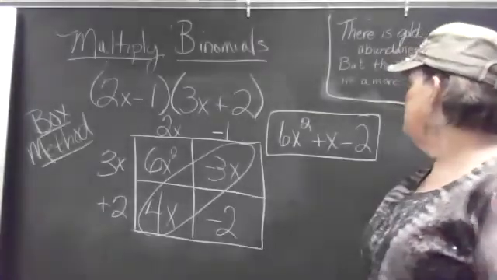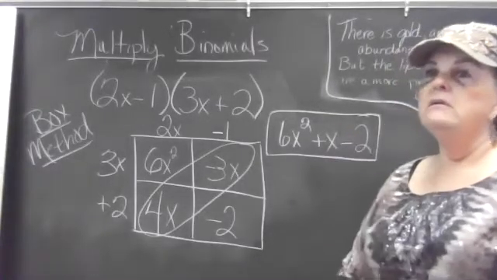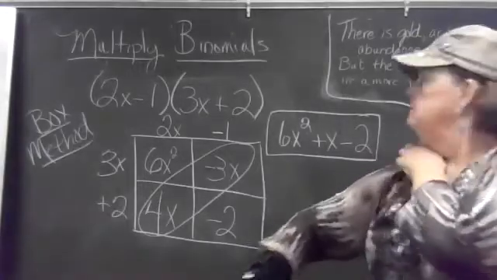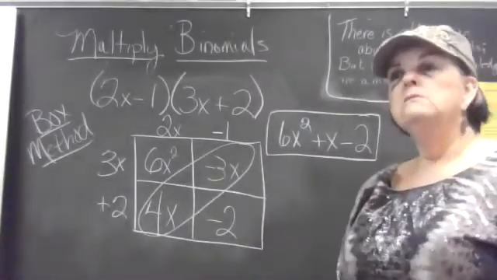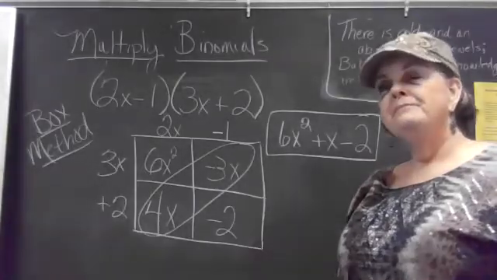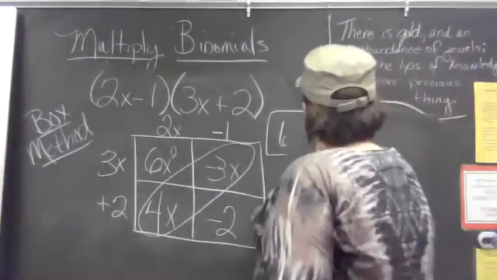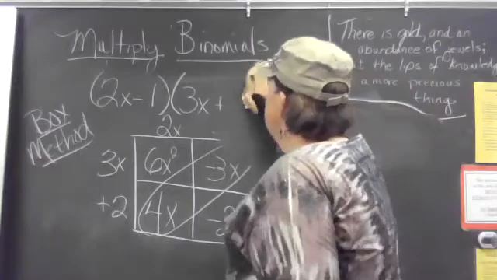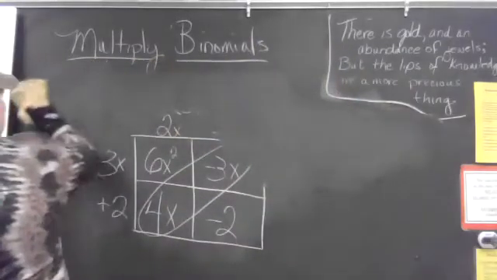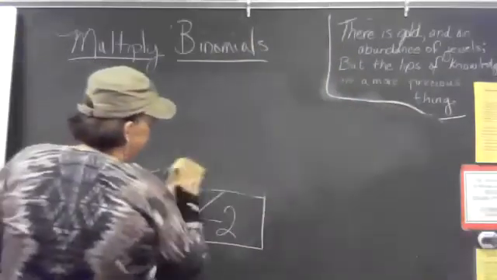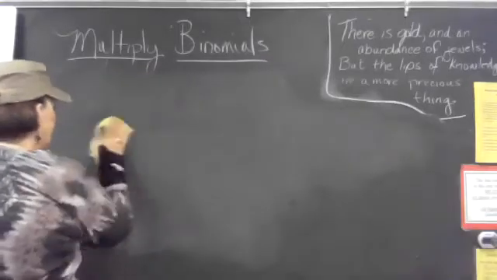If it's just an x, there's an invisible 1, but we just don't write it. So it would be 4 minus 3 equals 1x. Okay, getting it? We're going to do several, and we're going to do them both ways. So depending on who likes one way or who likes the other, while we're working them here on the board, we're going to work them both ways.